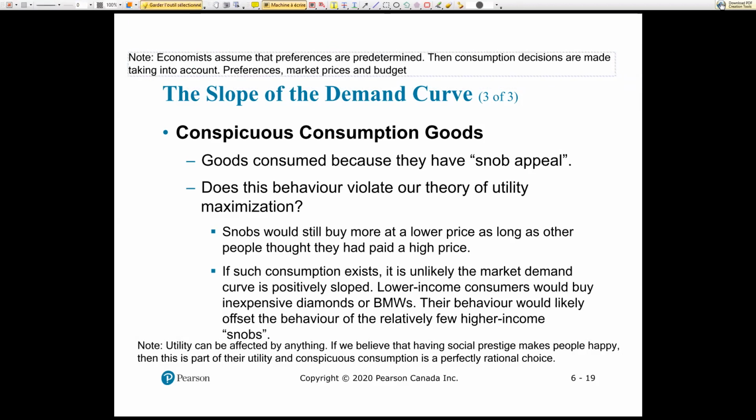In your example, it would sort of violate this for the following reason. If I observe that less wealthy people start buying things, then it changes my preference for that thing, for instance, and then I'm going to change my behavior. Is that likely to happen?